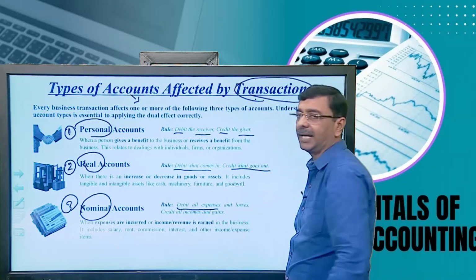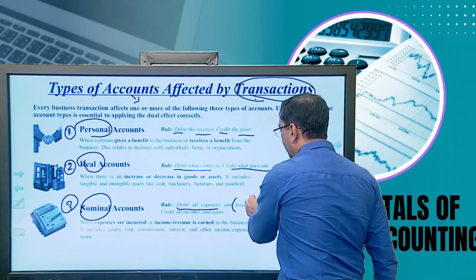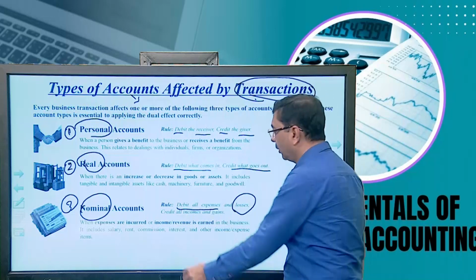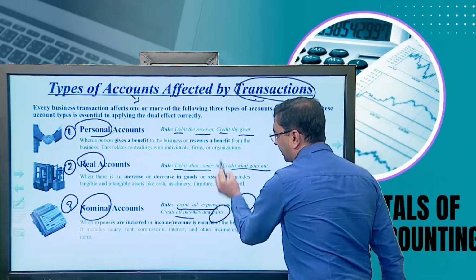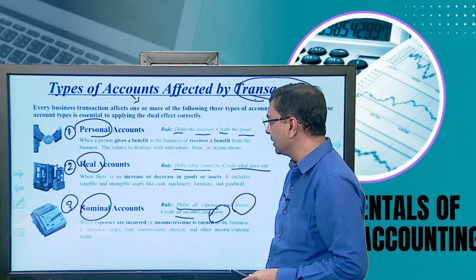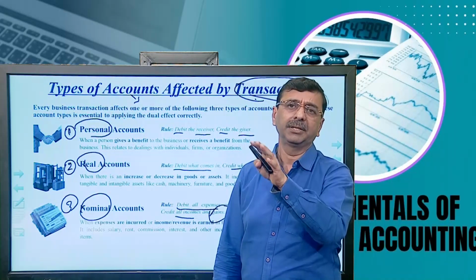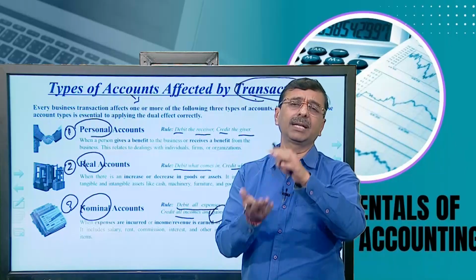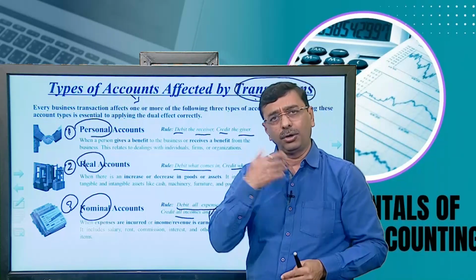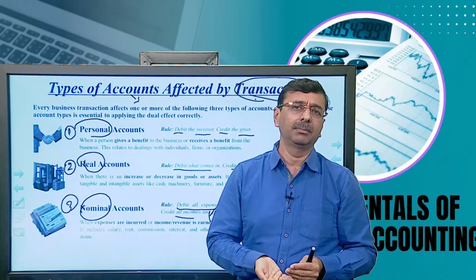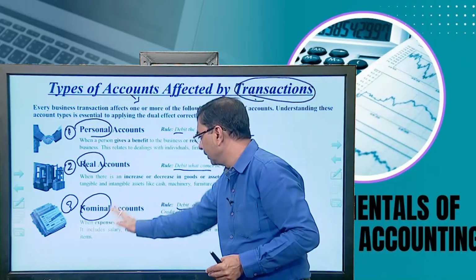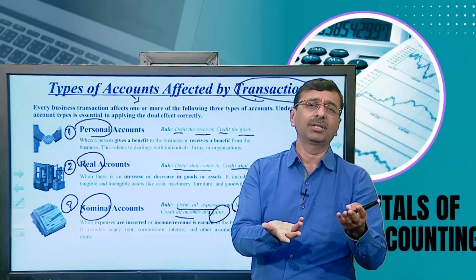So debit all the expenses as well as losses and credit all the incomes and gains. In that case, any expenses and losses incurred in the business, or gains and profits earned in the business, would affect the nominal account. And what kind of expenses?